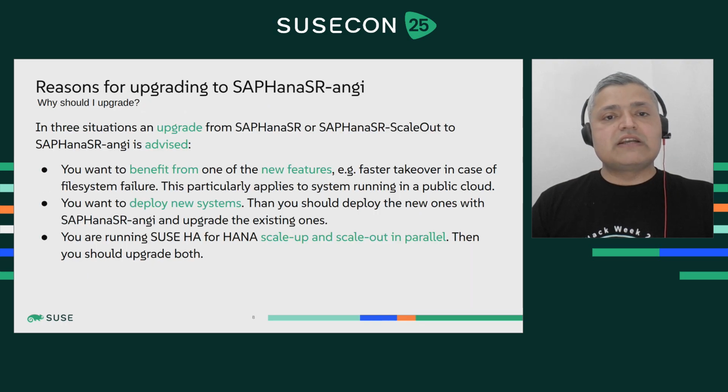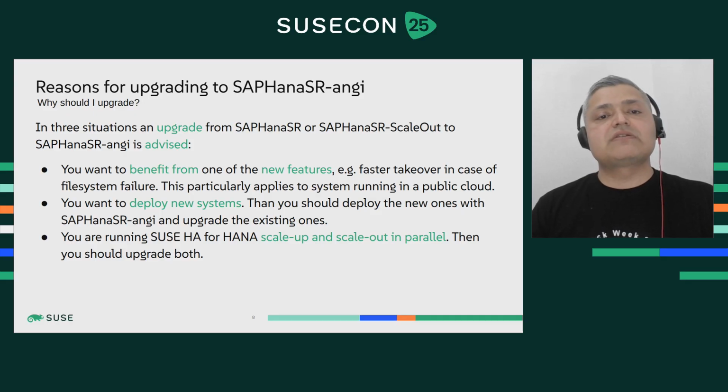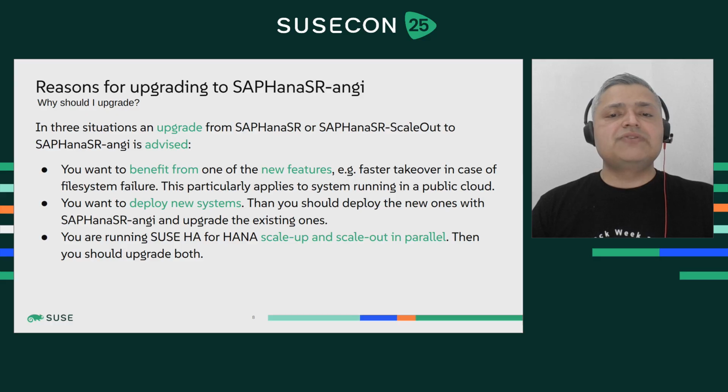So moving on to the next slide, why we should upgrade. There can be three situations which can be the obvious reasons why we should upgrade from the classic package to the new SAP HANA SR-angi package. The first reason could be that someone wants these new features.